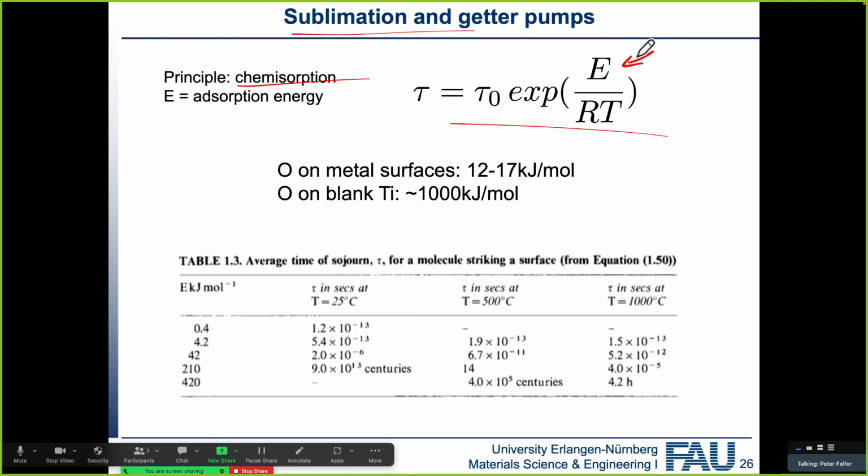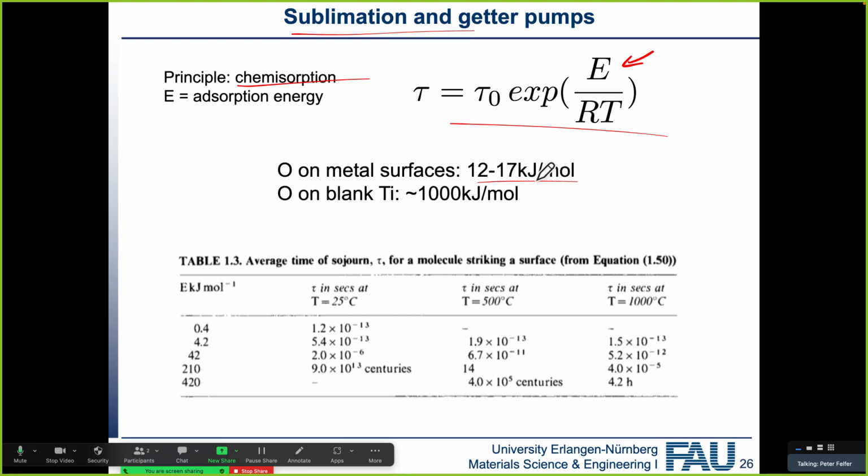But you can have sorption energies that are so high that essentially you've trapped the gas atoms or the contaminant atoms. And typical sorption energy of oxygen on metal surfaces, because oxygen is obviously something that we pretty regularly would like to pump, is in the range of 12 to 70 kilojoules per mole.